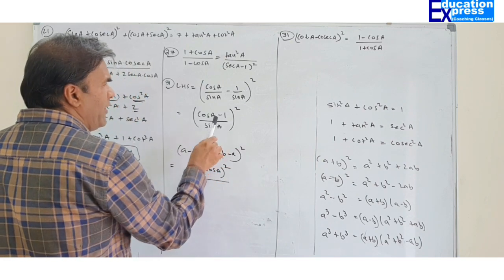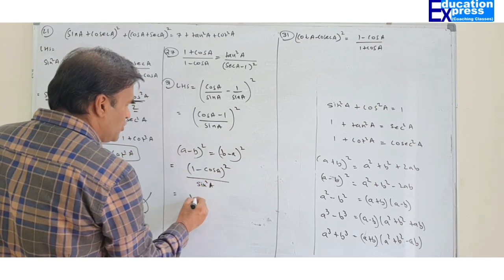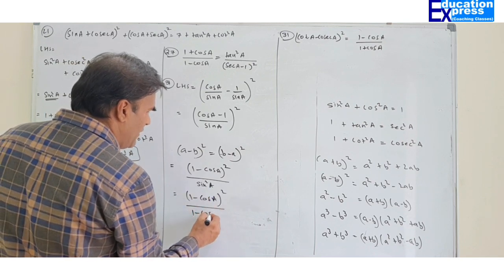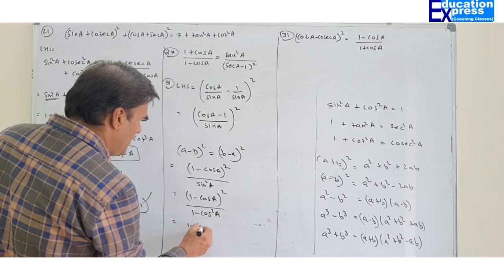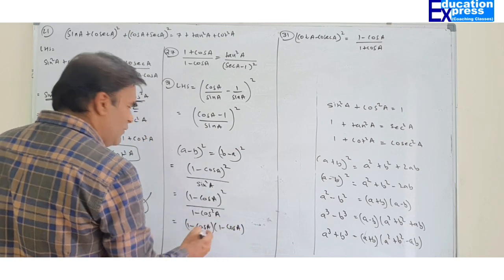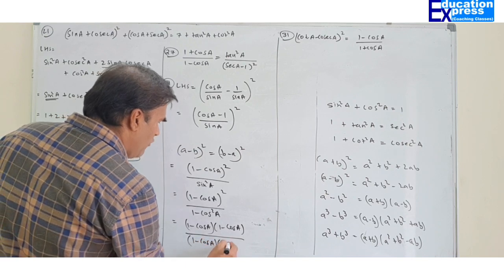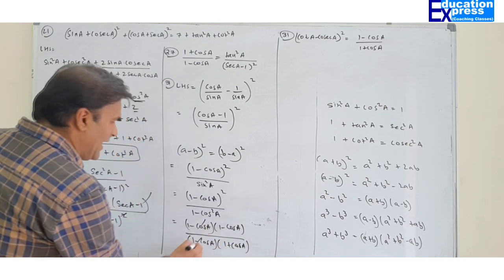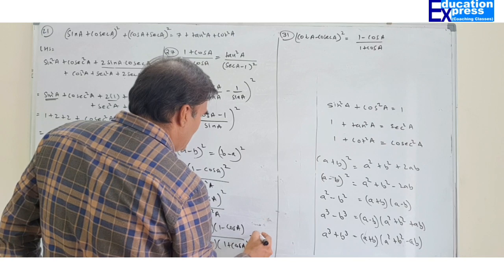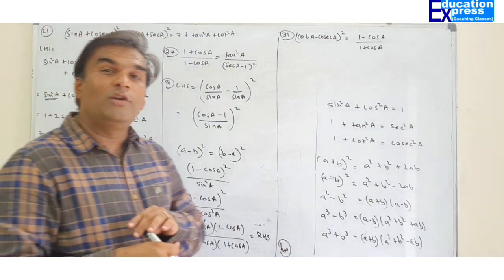And over here we have sin square A, which can be written as 1 minus cos square A. 1 minus cos A multiplied by 1 minus cos A, because A square is A into A. And A square minus B square is 1 minus cos A, 1 plus cos A. This will get cancelled. What remains is 1 minus cos A upon 1 plus cos A, which is nothing but, sir, RHS. Hence proved.